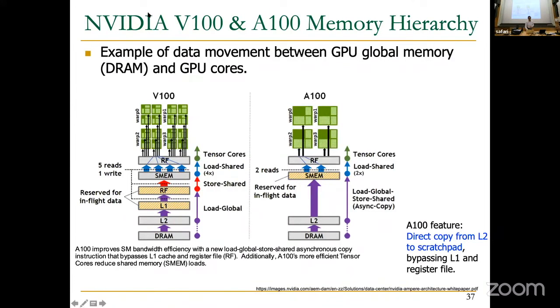Okay, let me give you some other things. I'm not going to talk about this in detail, but I decided that we would use some real examples. So in some cases, the programmer can decide to bypass caches. I mentioned some prefetch instructions or non-temporal load instructions earlier, but in this particular case, in an NVIDIA GPU, A100, for example, you can bring data from L2 cache directly to the scratchpad. You basically bypass L1 and register file, which used to be there in the past.